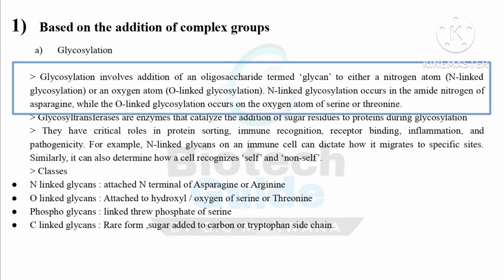When a glycan is added at the nitrogen side it is defined as N-linked, and when a glycan is attached to an oxygen atom it is defined as O-linked glycosylation. N-linked glycosylation occurs at the amide nitrogen of asparagine, while O-linked glycosylation occurs at the oxygen atom of serine and threonine.